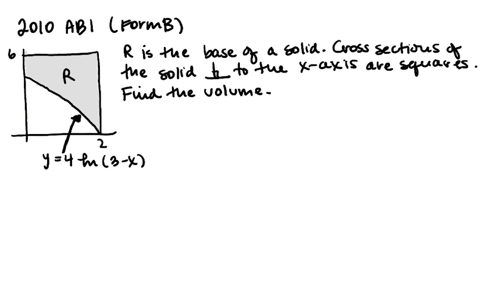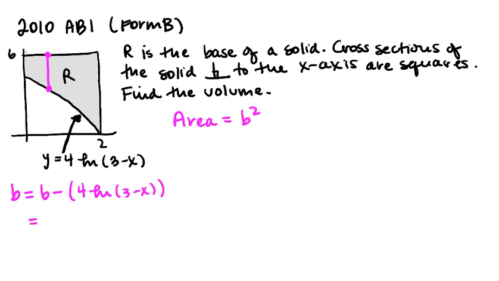We know the area of a square is going to be the square of the base. We need a base. Top minus bottom. So the base is going to be, the top is y equals 6. The bottom is y equals 4 log of 3 minus x.